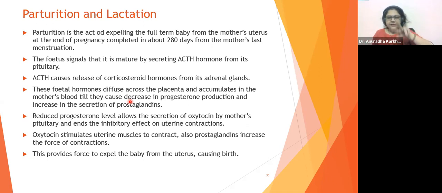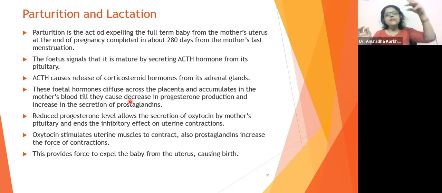So the fetus has a well-developed pituitary gland and also a well-developed adrenal gland. Now this adrenal gland is going to release corticosteroids. So please understand, the fetus senses that it is fully matured and wants to come out. The pituitary gland will synthesize ACTH, adrenocorticotropic hormone.